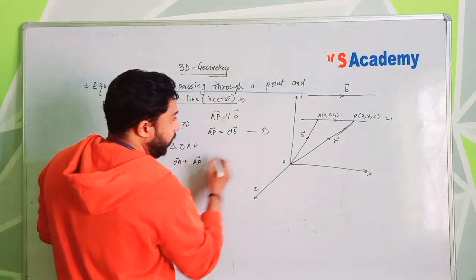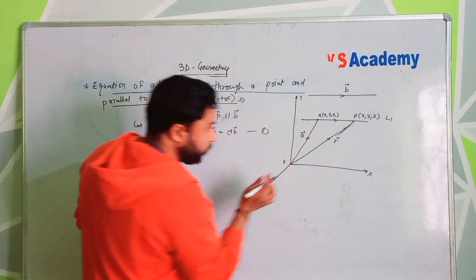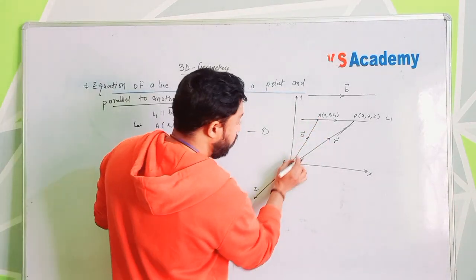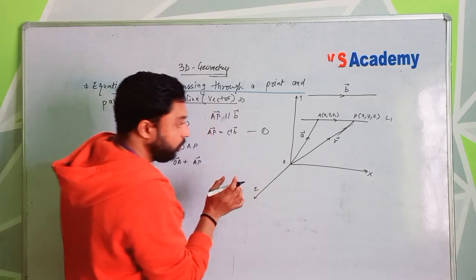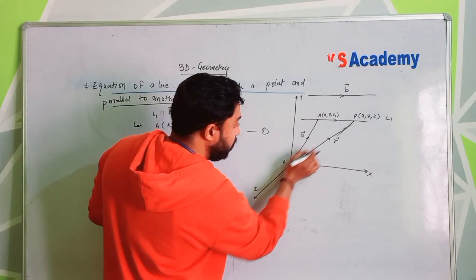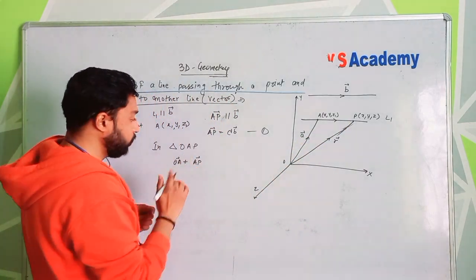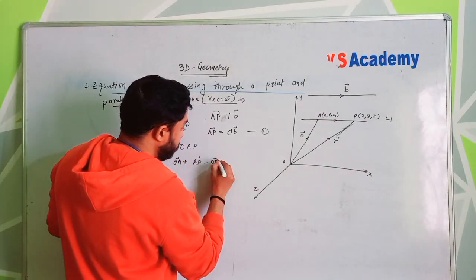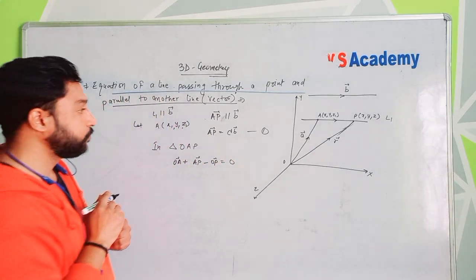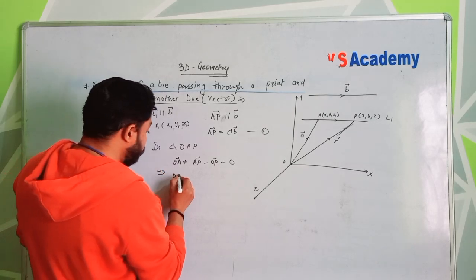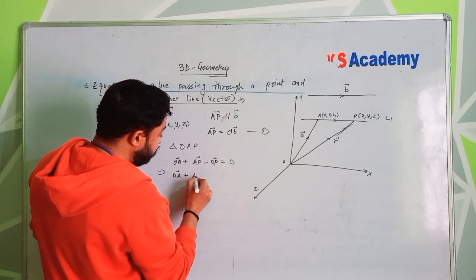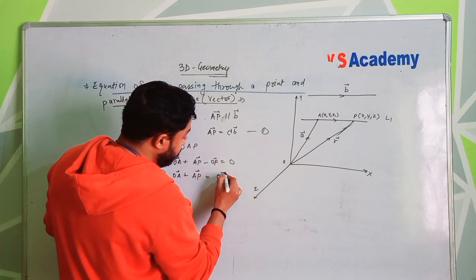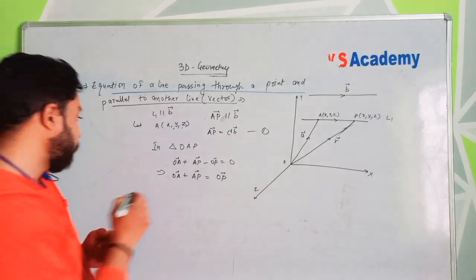You can observe the direction of vectors OA and AP. But if the direction of OP were opposite, then we would write a minus sign. So we can write vector OA plus vector AP is equal to vector OP. I hope you understand.